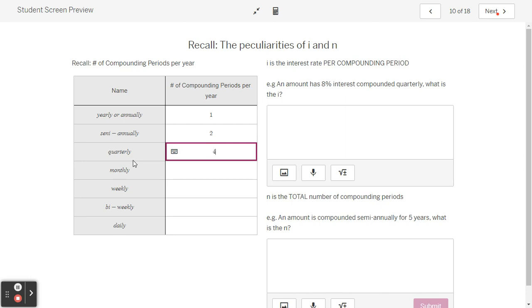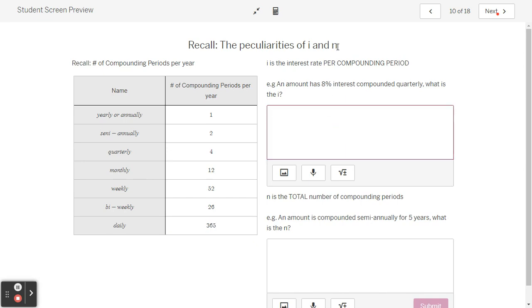So this is four times a year. Monthly is 12. Weekly, 52. Bi-weekly, every other week, 26. And daily would be 365. Now, yearly, semi-annually, quarterly, and monthly, these are the four most common compounding periods that you're going to see.